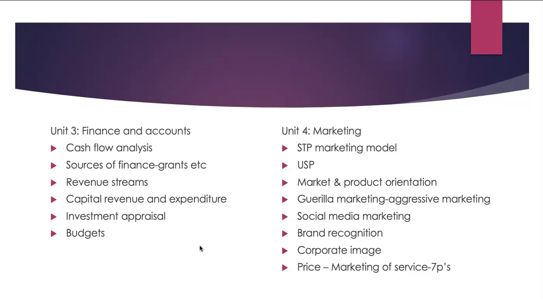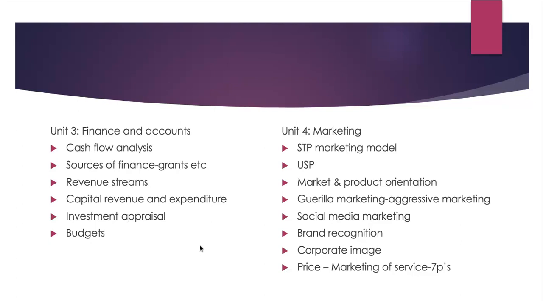Look at also guerrilla marketing, as the case mentioned, Adriana engaged in aggressive marketing. Look at social media marketing. We also need to consider brand recognition, whether or not the brand image will actually change.